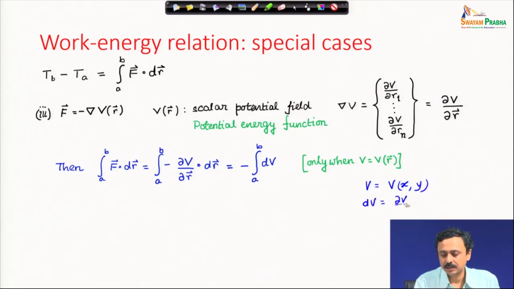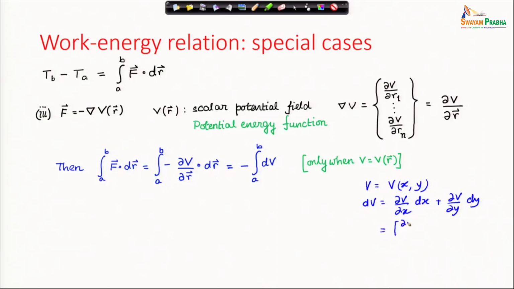It is del V del x dx plus del V del y dy, and this is the form we have, because I can write this as the gradient of V, del V del x, del V del y, dot dx dy, and this is this expression, therefore, it must be dV.